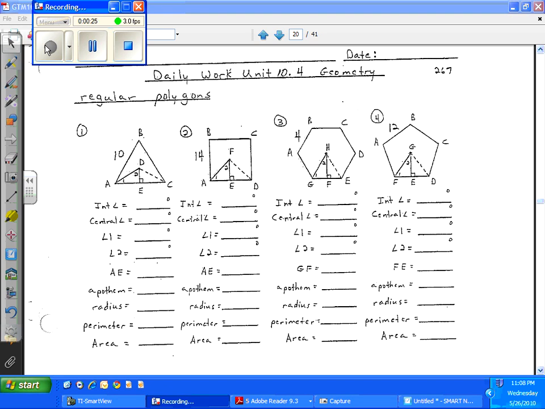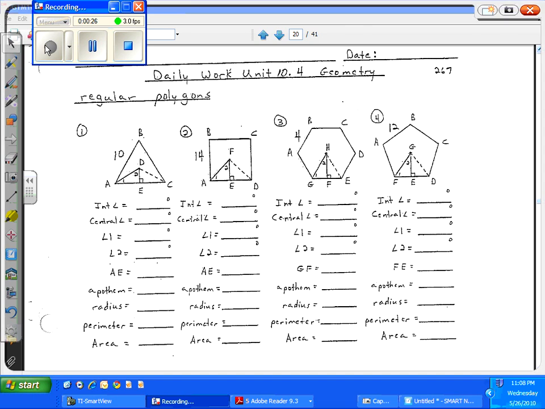Okay? So, we know that each interior angle of a regular triangle is 60 because if it's regular, it's both equiangular and equilateral. We know that if it's a regular quadrilateral, then it's a square, and each angle of a square is 90.